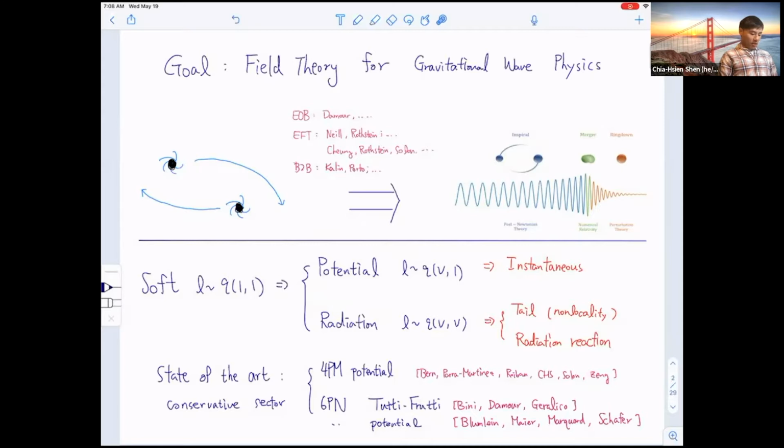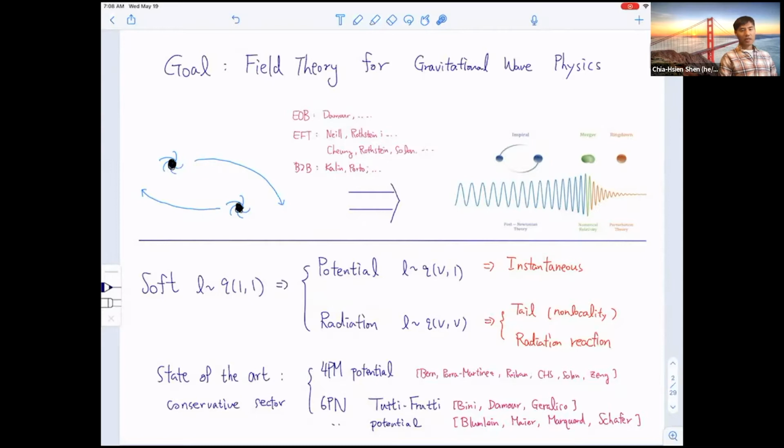So the state of the art in the conservative sector, we have the 4 PM potential with my collaborators. We also have the 6 PM from the Tutti Frutti method and the 6 PM potential contribution by Worldline et al. And of course, the 4 PM potential results we have here are not complete.